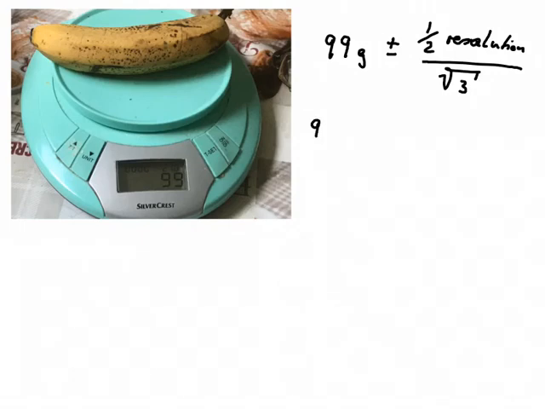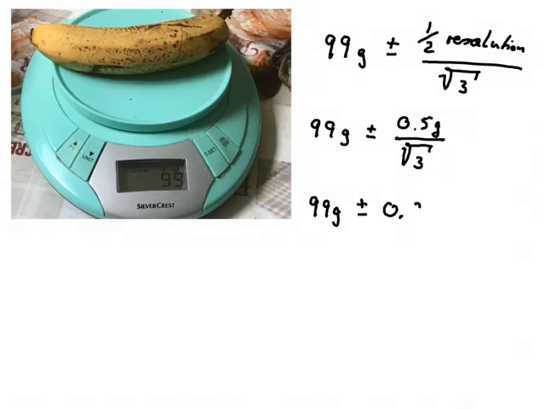So that would be 99 gram plus minus 0.5 grams divided by square root 3. And if we put this in a calculator, we would get 99 grams plus minus 0.289 gram. So that is one standard deviation, and we use that consistently to express uncertainty.